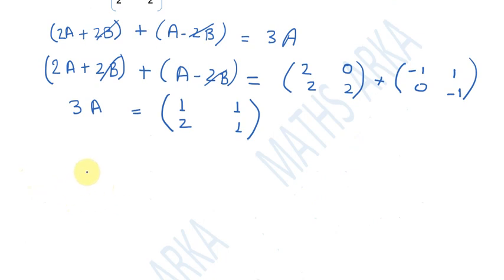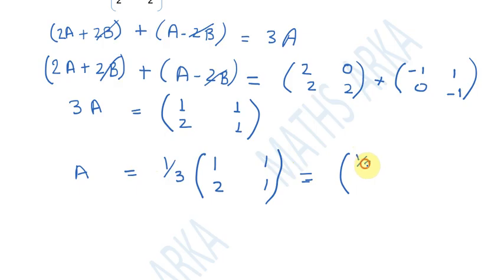Now if we try to find what a is equal to, a is equal to 1 by 3 of this matrix, 1 1 2 1. So consider 1 by 3 to be the scalar. It is one scalar, of course. So how do we multiply that scalar with a matrix? Each of the elements would get multiplied with it.